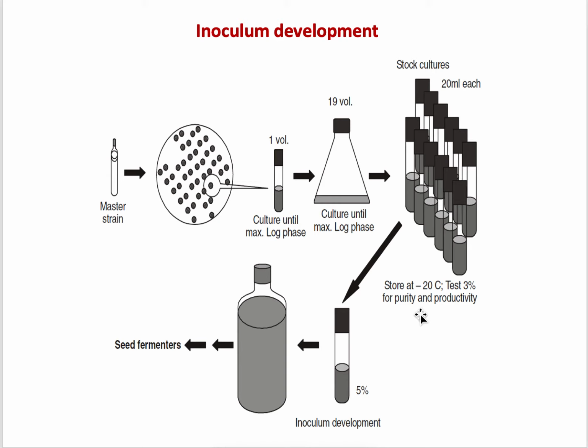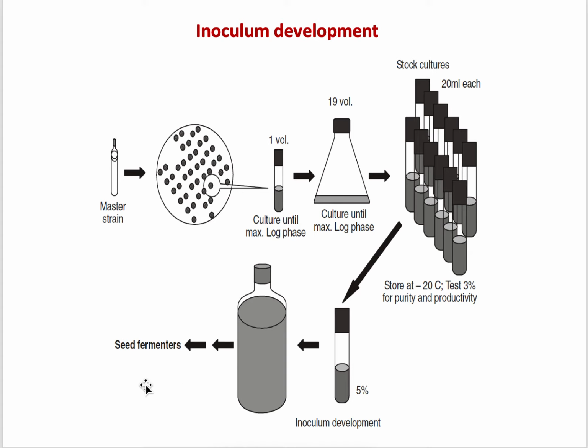Then once you have cultured it in 1 liter, you put it into the seed fermenter. A seed fermenter is a fermenter in which we increase the biomass of our cells.